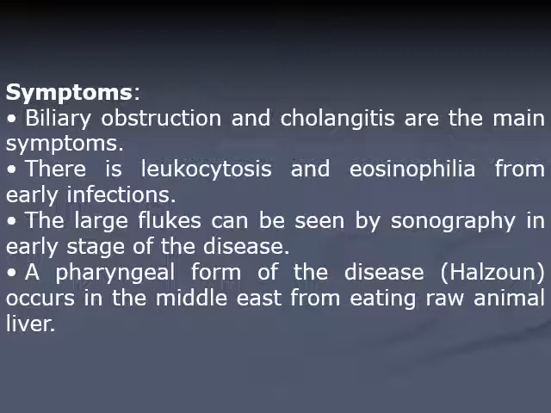They also can swallow some parts of the worm. The suckers of the worm can stick to the pharynx and cause a very severe acute pharyngitis, which we call halzoon.